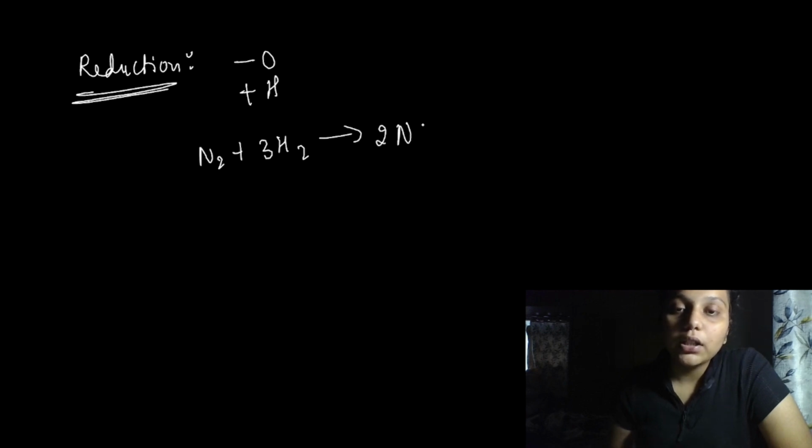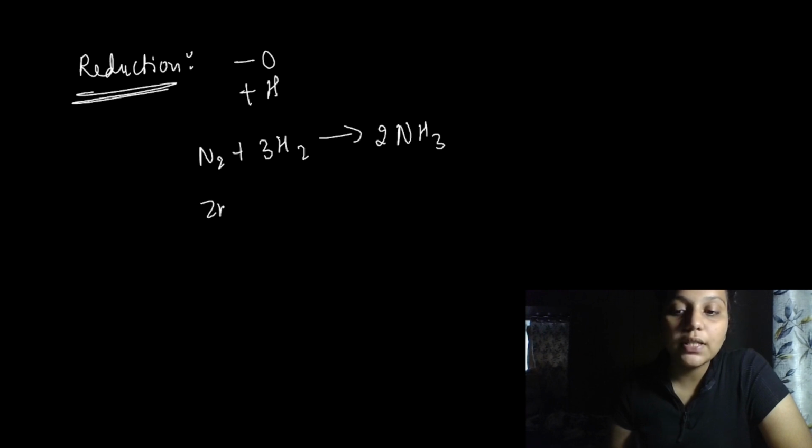So next comes reduction. Reduction is exactly opposite to oxidation. Okay, so we'll remove the oxygen or add the hydrogen in this case. So we'll write some examples. N2 plus 3H2 gives 2NH3, you know?